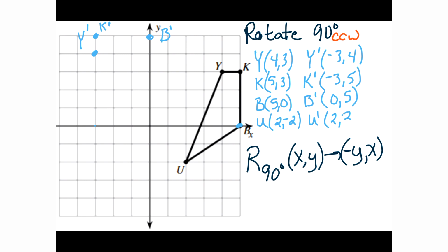So 2, 2 is here. So that's U prime. So then I can connect the points. And there's my image. My image has rotated 90 degrees about the origin. And here is my rule.